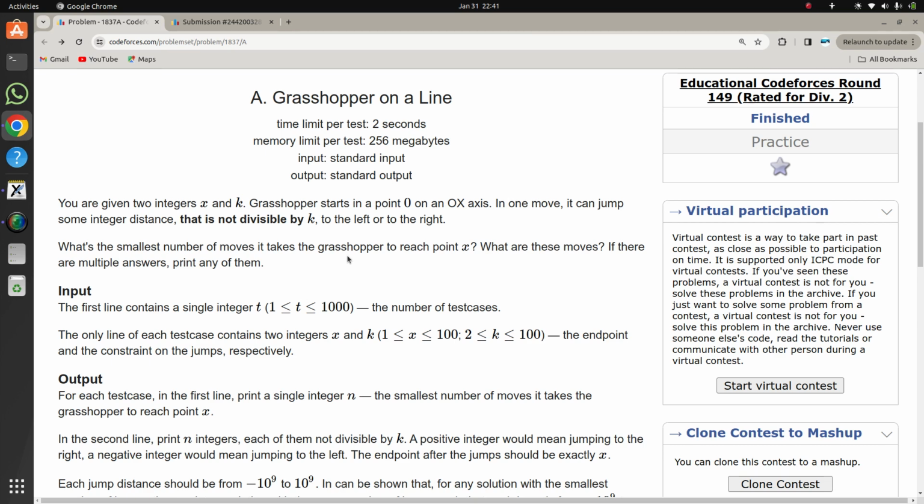In the input format we need to take an integer t as our number of test cases. The only line of each test case contains two integers, x and k. The x is our endpoint, and k is the constant that our jumps should not be divisible by.